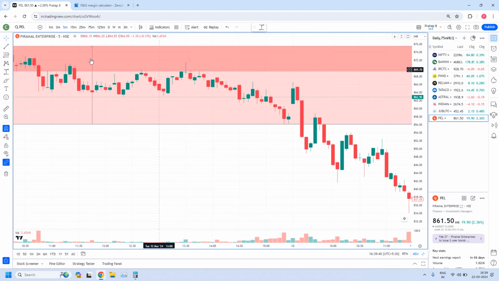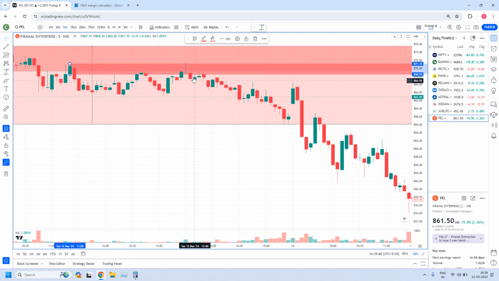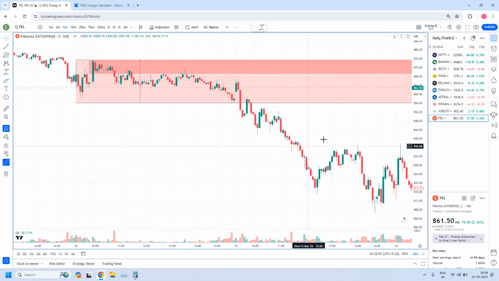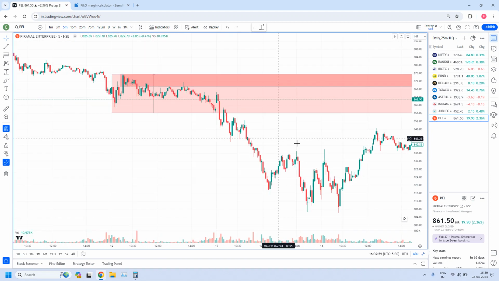Maybe you would have considered this rally base drop. This one is already tested and pierced also. See here, this is the one. Already pierced. So after that, not much comfort with this zone. That's why I left it.